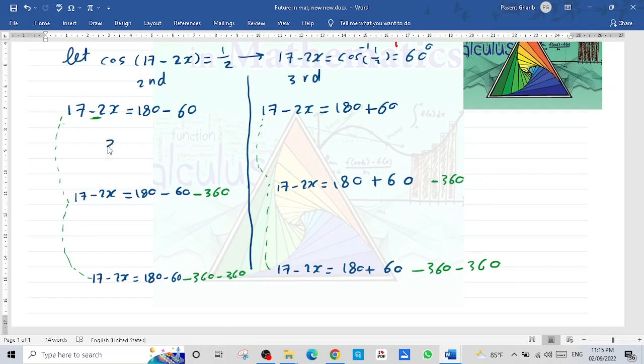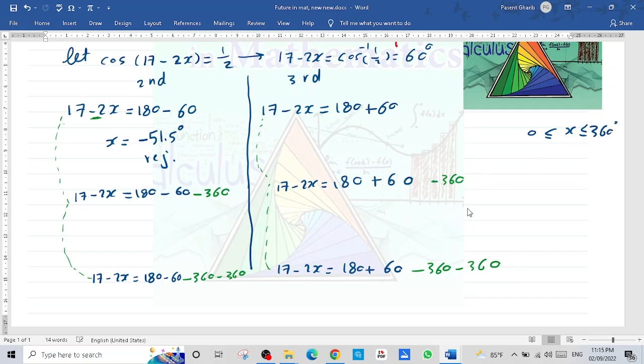Now, follow me. How can we get x? By using the calculator. Now, 180 − 60 − 17, when we shift it to the other side, becomes 103. Divided by negative 2, it becomes negative 51.5 degrees, but this is rejected. Why? Because the domain of x is between 0 and 360.